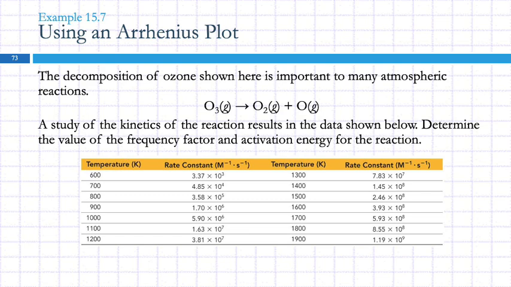Because we can't just graph rate constant versus temperature. We need the temperature to be 1 over T, and so we would calculate that. And for the rate constant, we need the natural log of K. And so for each of these, we'll take the natural log and write down that value, and that's what we're going to graph.